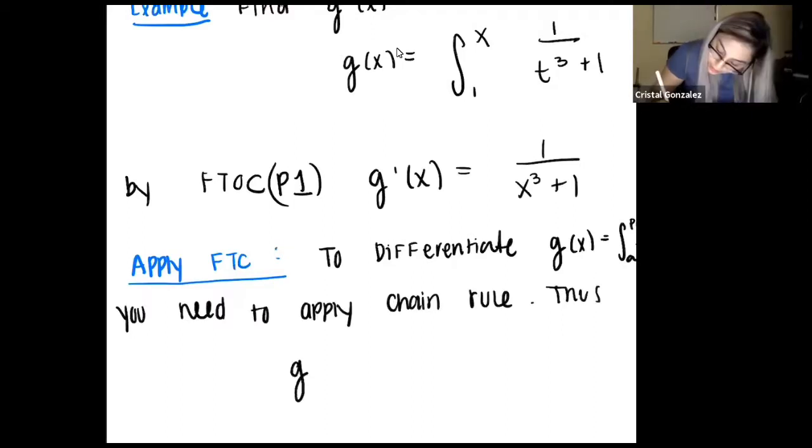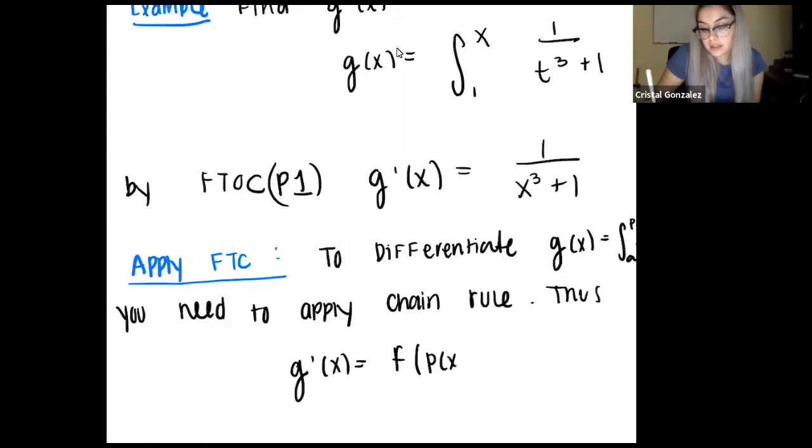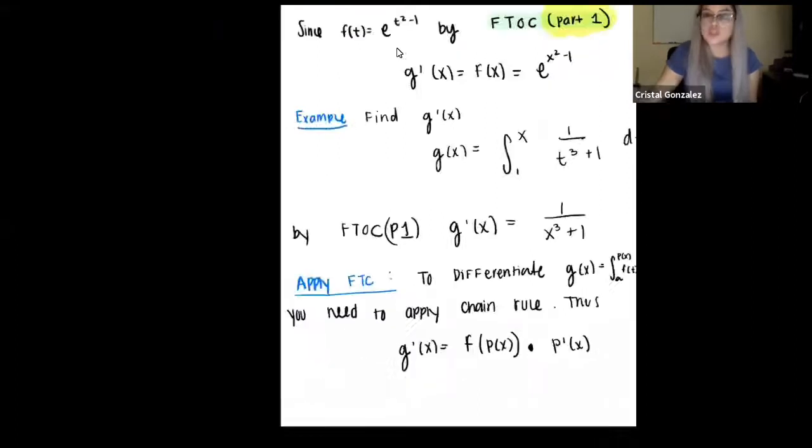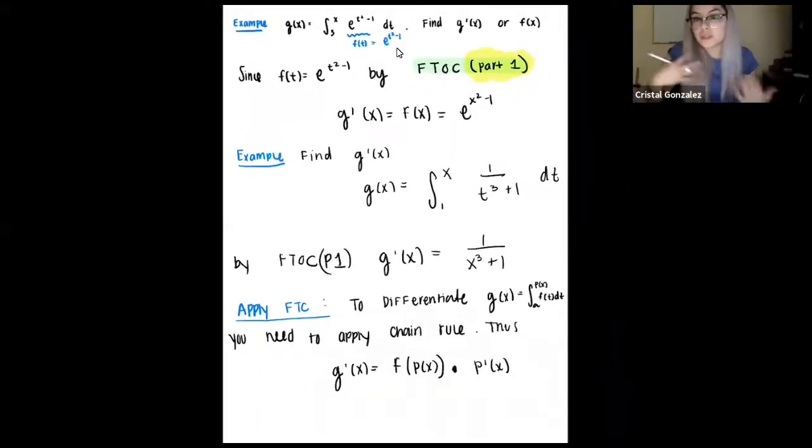When you apply it, g prime of x is always going to equal f of p of x, so that function of x, times the derivative of your function. So really, we've actually been doing this the whole time. It's just that the derivative of this function here is just 1. So this part is non-existent, right?